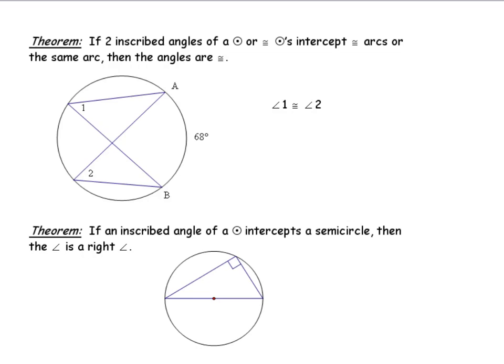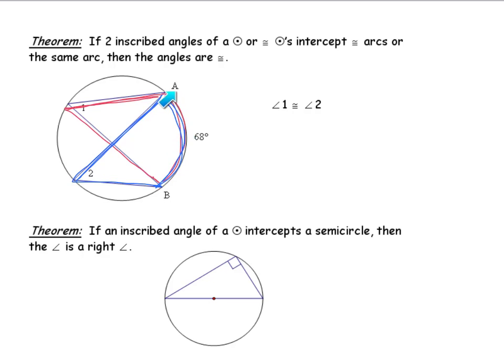So what happens when I've got two inscribed angles and they end up forming the same arc? If I take a look, I've got angle 1, and we see that it forms arc AB, and I've got angle 2, and it forms arc AB. If my two angles end up forming the same arc, I know that the two angles then must be congruent. Why? Because look at this one.